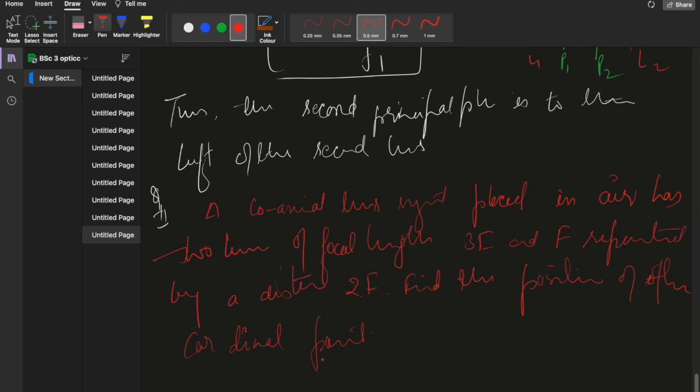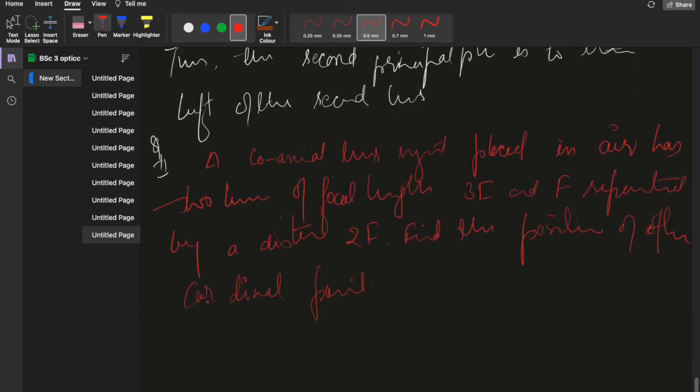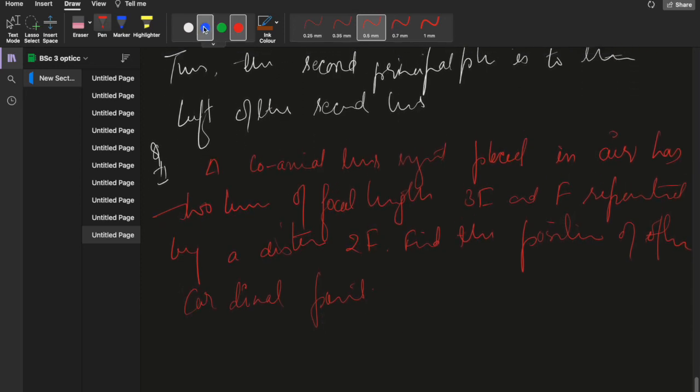So the question says we have a coaxial lens system, two lenses L1 and L2 of focal length 3f and f. I just make the lenses as straight lines, and the distance between the two lenses is 2f.